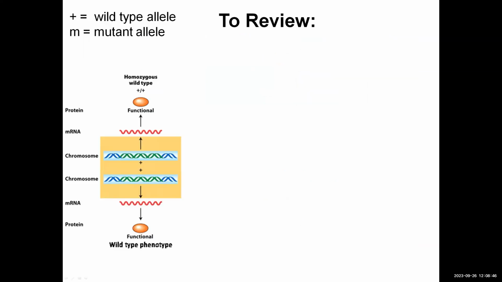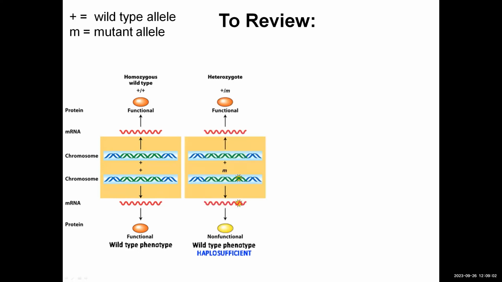For example, let's say plus is our wild type allele and M is our mutant allele. Normally, we're going to produce mRNA from each of our chromosomes, and both of them will be functional. In our heterozygote in this situation, we have one functional and one non-functional allele. If we get the wild type phenotype, then the functional allele is haplosufficient, meaning half as much function is okay, and the non-functional allele is not creating any problems.